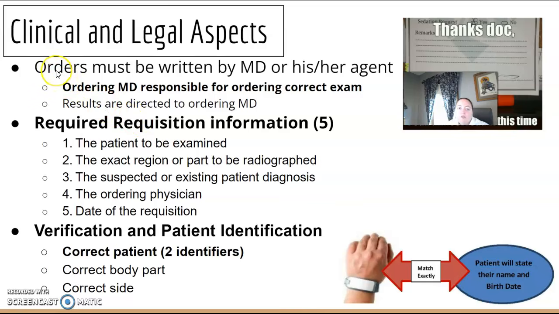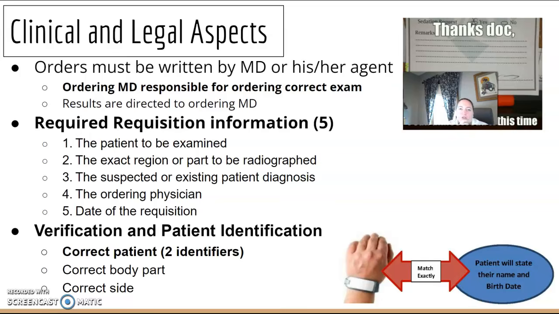Clinical and legal aspects. Your radiology orders must be written by a doctor or his or her agent. The ordering doctor is responsible for ordering the correct exam, and results are directed to that ordering physician. There are 5 requirements for information. The patient who is going to be examined, and the exact region or part. They have to have a specific suspected or existing patient diagnosis.